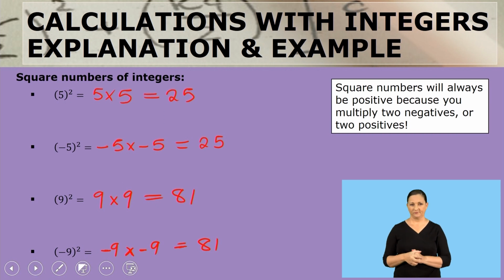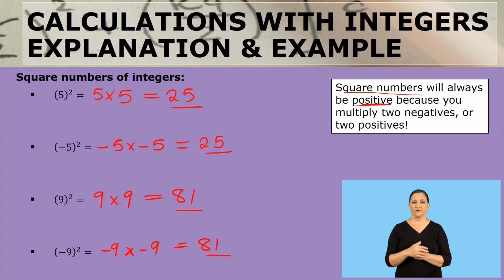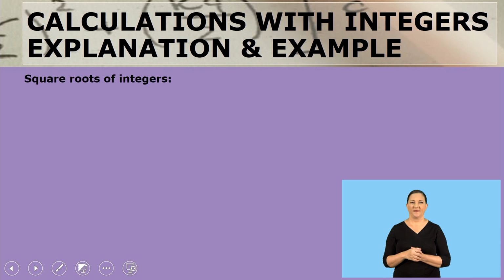As you can see, square numbers will always be positive because you multiply either two negative numbers or two positive numbers. So whether we are squaring a positive number or a negative number, our answer is always positive. So what does this mean when we are looking for our square roots?